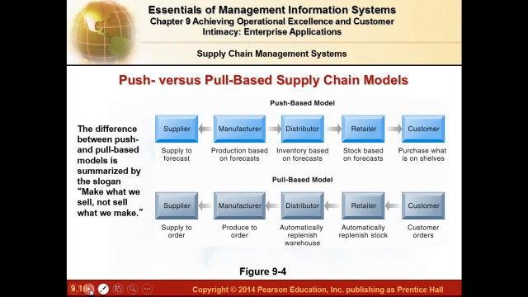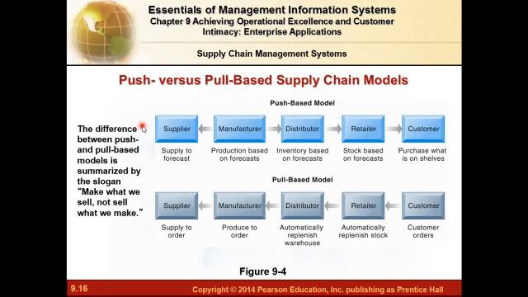These figures illustrate the push versus pull-based supply chain models. Very important, you have to know how to illustrate the push-based model and also the pull-based model. These figures show the differences between the two.